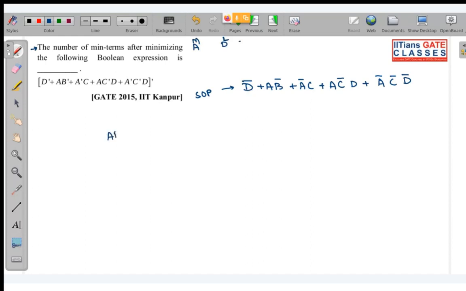Remember this. Over here you can see this is D complement. Out of A, B, C, D, only D is fixed and it is 0. For the remaining A, B, C, we don't know the values.